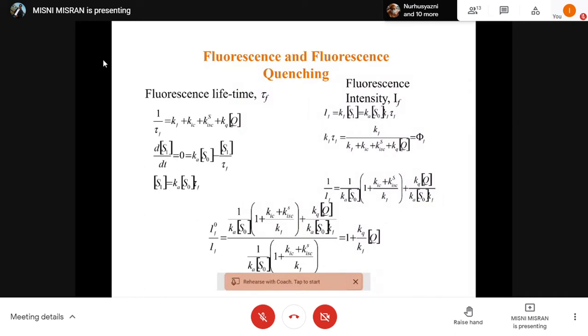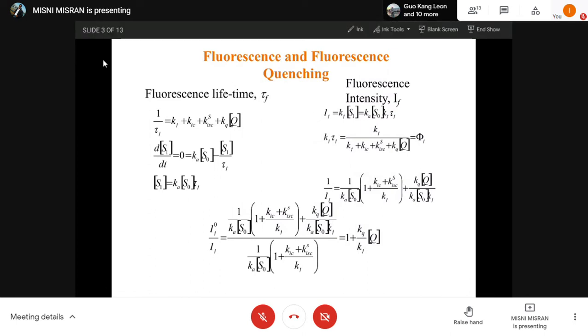And then when you look at the lifetime, okay, 1 over the lifetime is a sum of the rates coming down from intersystem crossing, internal conversion, and this is the bimolecular fluorescence quenching, and then the amount of the quencher that you have. So the KQ can actually be determined from this formula, right.